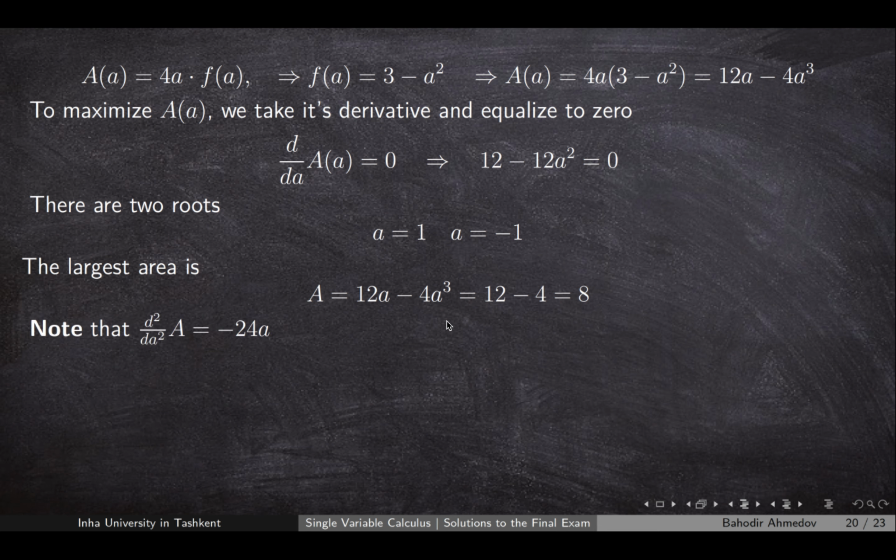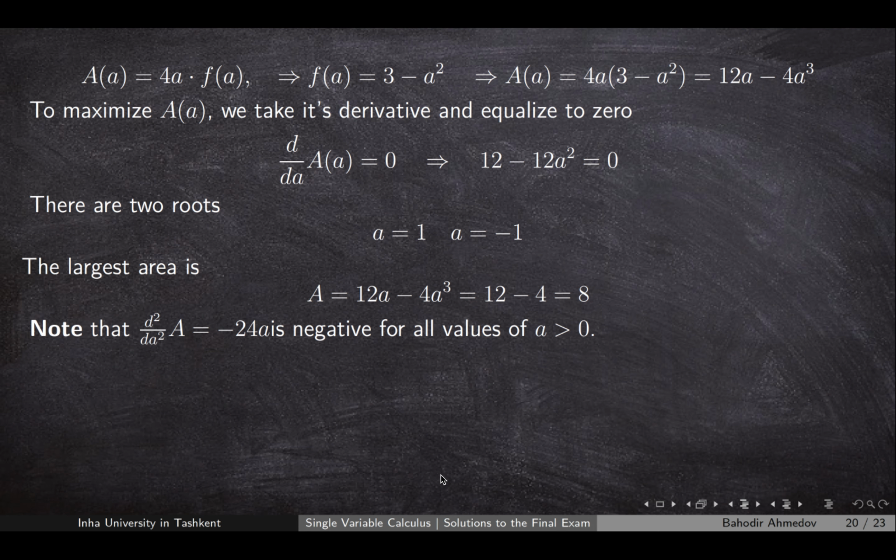Note that the second derivative is equal to this one, and this function is negative for all positive values of a, right? When the second derivative of the function is negative, it means that the function is concave downward. For extremum points where the second derivative is negative, the function is going to reach its maximum because it looks down.